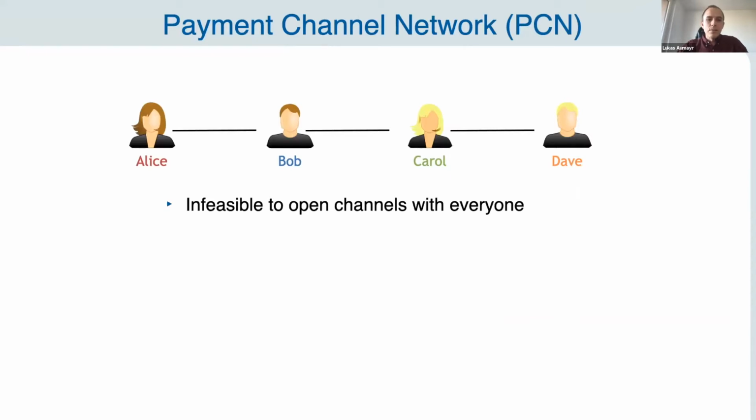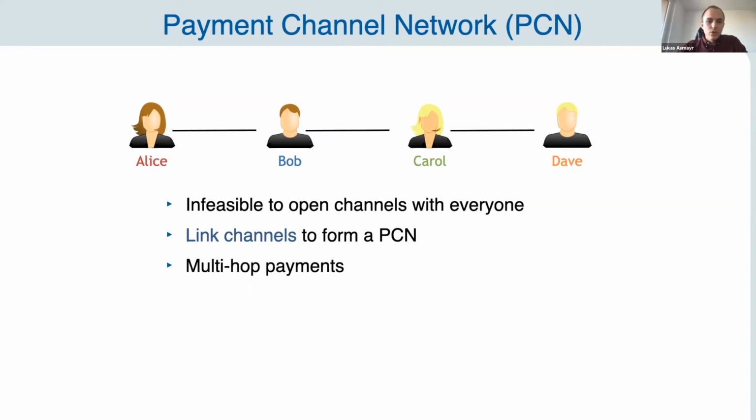Of course, now maintaining a payment channel with every user you potentially want to interact with requires you to lock up a lot of funds, and this might not be feasible. So instead, it turns out we can actually go ahead and take payment channels and link them together to form a payment channel network. And in such a payment channel network, any two users that are connected via a path of channels can perform a payment between one another.